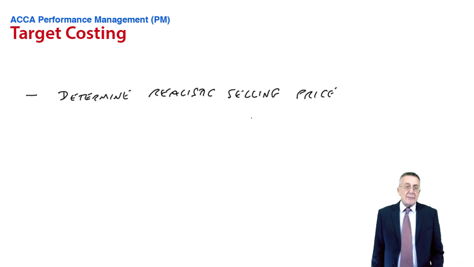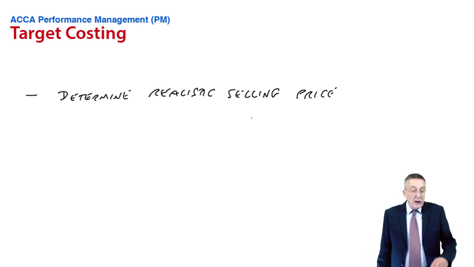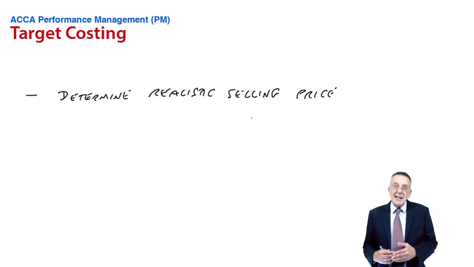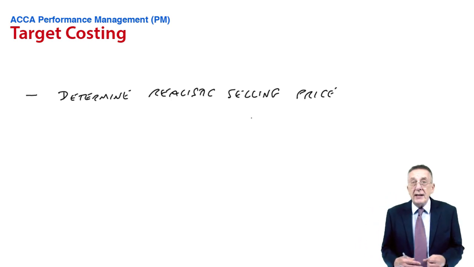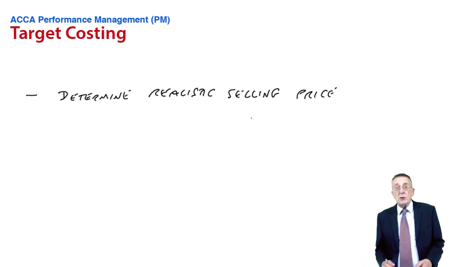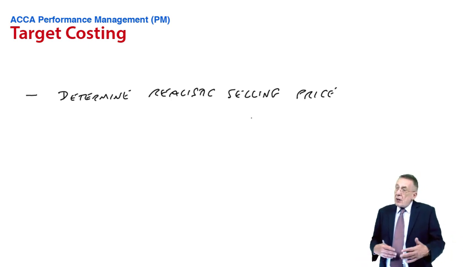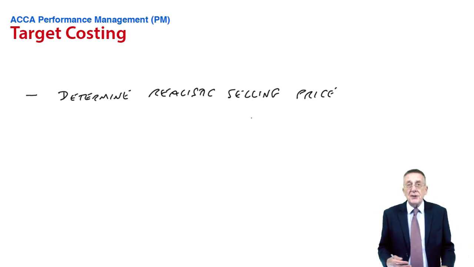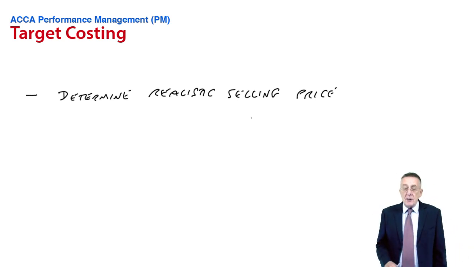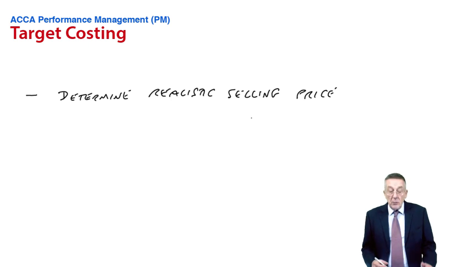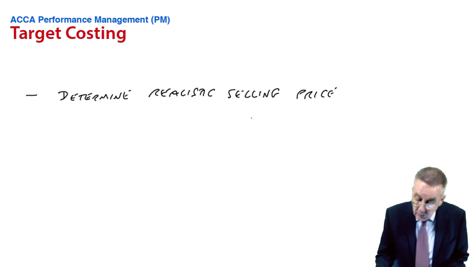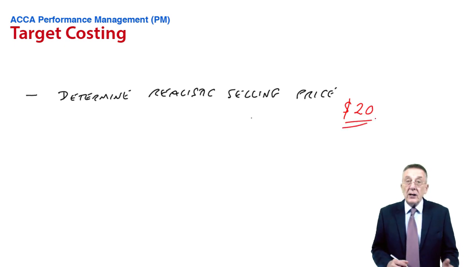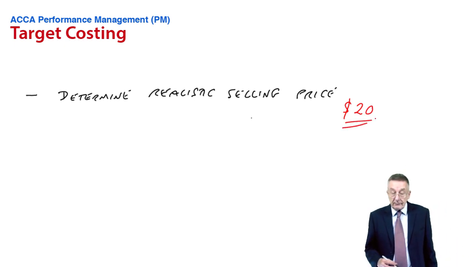We'll need research, we'll have the sales department involved, we'll look to see if there are similar products. If similar products exist and are being sold at 20, then maybe we'll have to sell at 20. Maybe our product's going to be better, we can charge more, or it's not going to be as good, we'll have to charge less. But we get the sales department to determine how much they think we're going to be able to sell it for. And of course, in this question, it's $20 per unit.